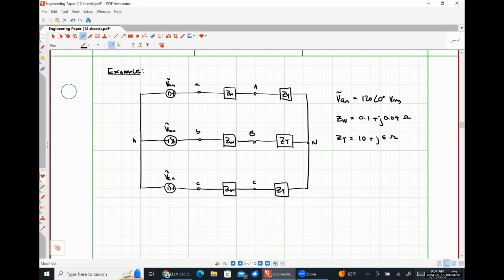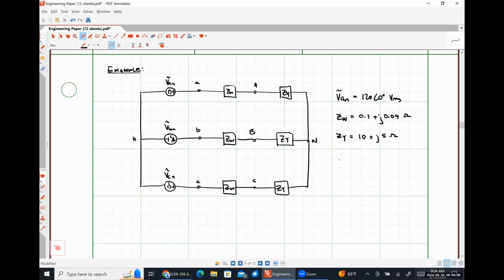And our ultimate goal is to solve for our line currents and our line voltages at the load.